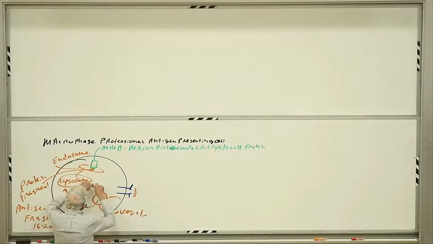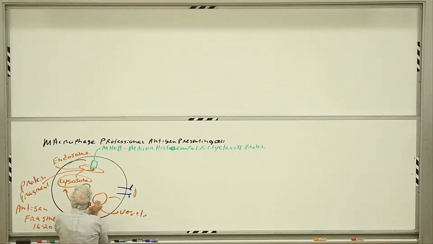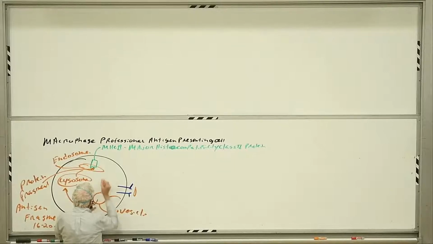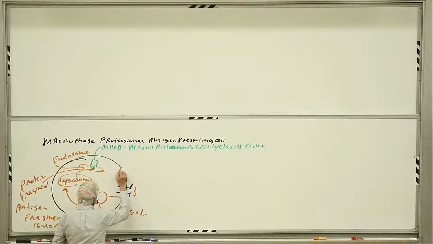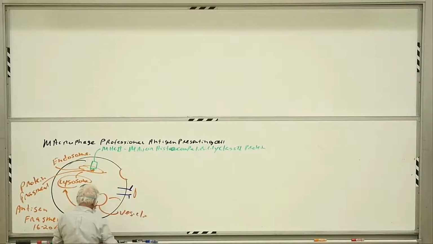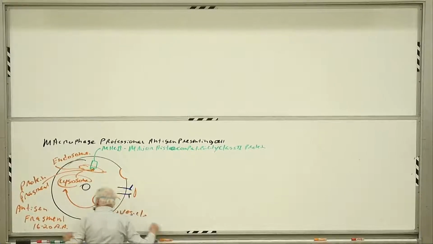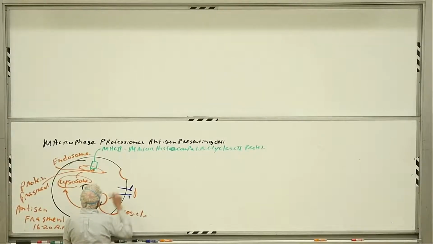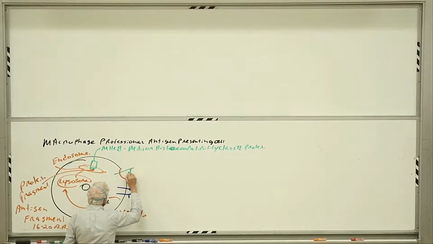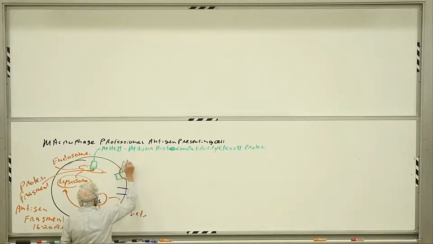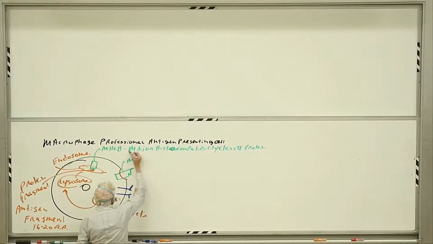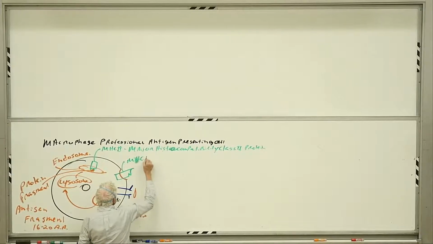But this endosome then goes to the membrane, and the endosome will fuse with the membrane. And this is where we ended up last time. And then out on the surface of the cell, there's this protein called MHC2 protein.